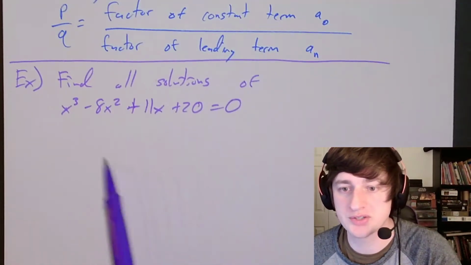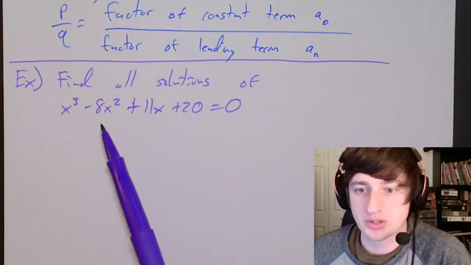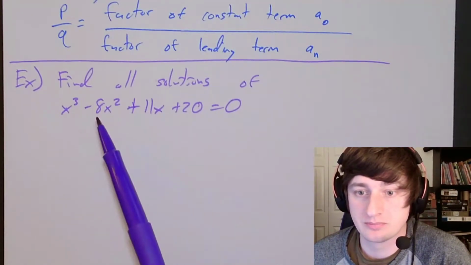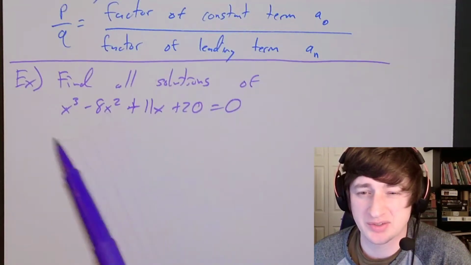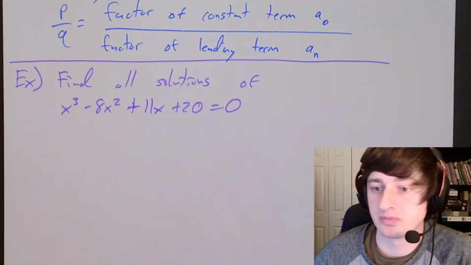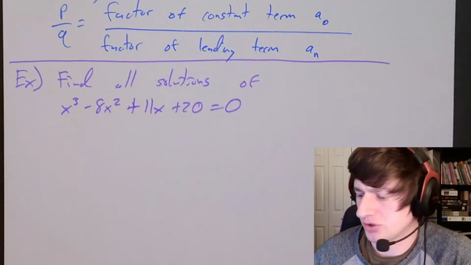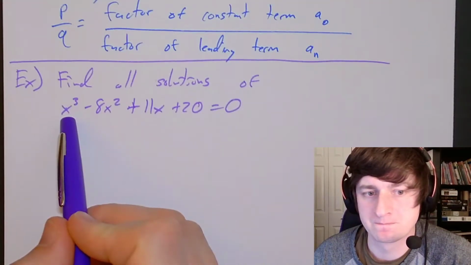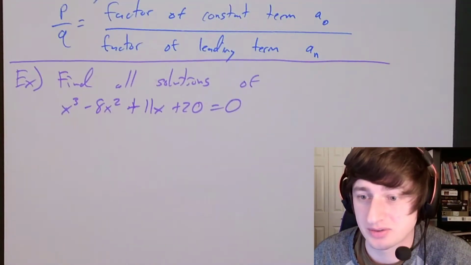There's no greatest common factor. Factoring by grouping isn't going to do anything because we can factor out this x squared, but then there's nothing to factor out here, and so there's no factoring by grouping. It's a cubic function, so the Xbox method isn't going to do anything either.